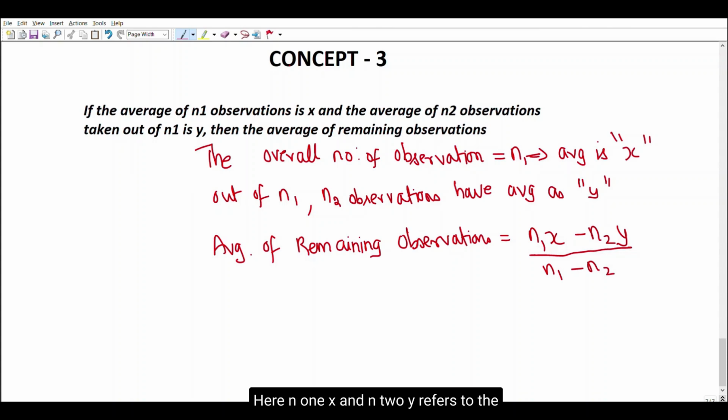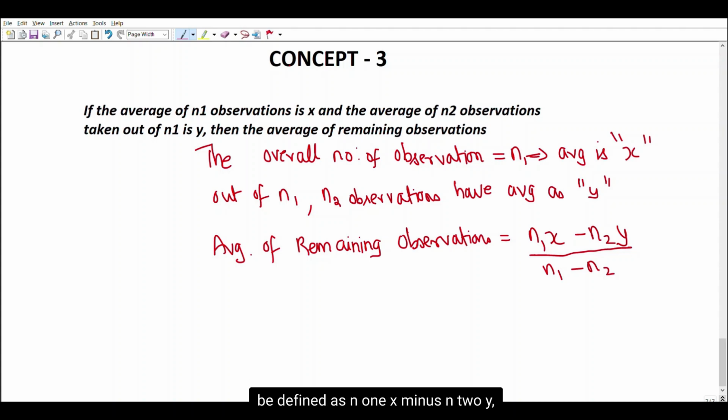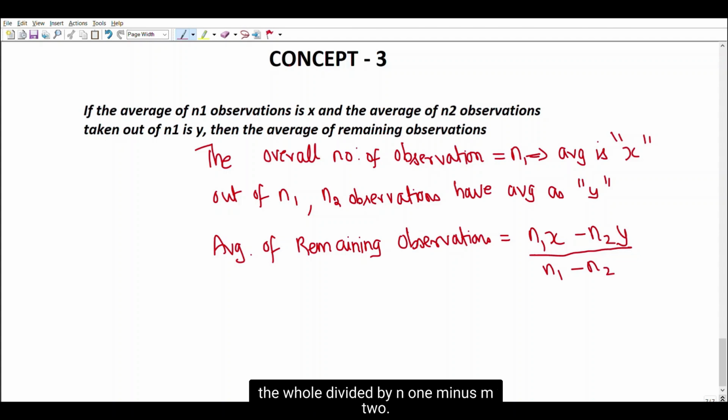Here, n1x and n2y refer to the sum of observations of n1 and n2 respectively, and n1 and n2 refer to the number of observations. So, in this case, when we take n2 out of n1, the average of the remaining observations can be defined as n1x minus n2y the whole divided by n1 minus n2.